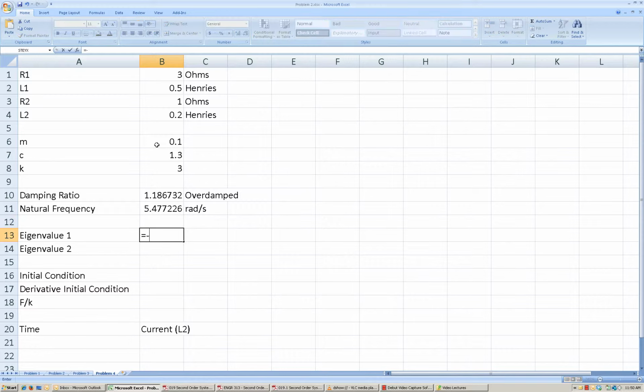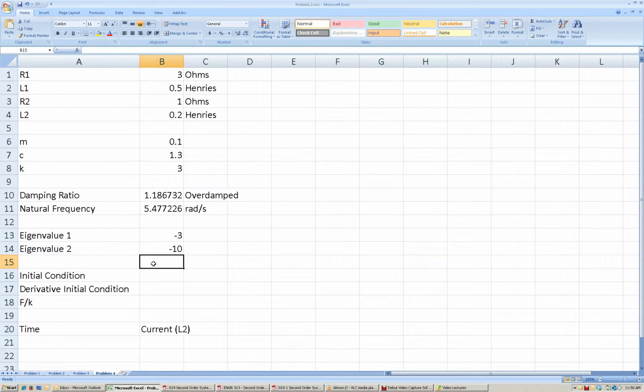My eigenvalues are the negative product of the damping ratio and the natural frequency, plus the natural frequency times the square root of the damping ratio squared minus 1. And the same thing wherein we subtract the radical term. Okay, so now I have my two eigenvalues.